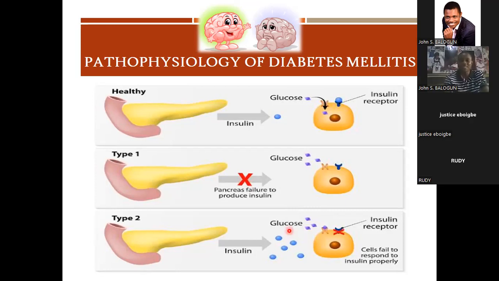In type 1, there is no insulin at all because of the auto-antibody-mediated destruction of the pancreas. While in type 2, the problem is that there is insulin production, but the cells are resistant to insulin. I hope this is clear.